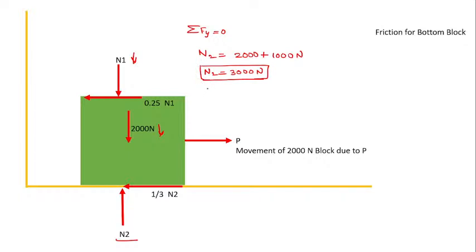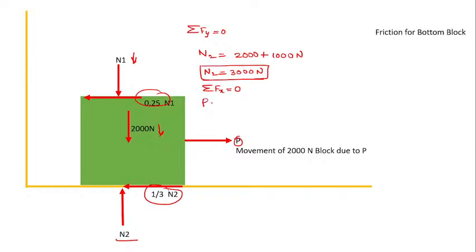Resolving forces horizontally, summation Fx equal to 0. Right side forces equal left side forces. Right side force is P, and left side forces are 0.25 N1 and 1/3 of N2.